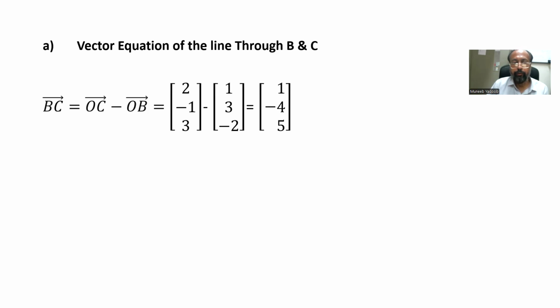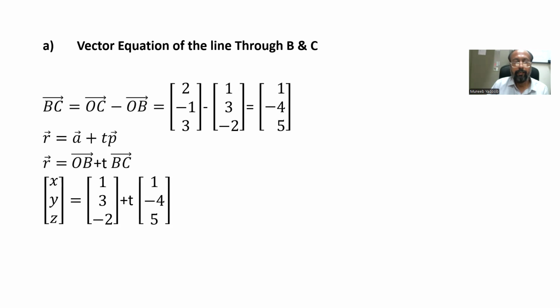Now the vector equation of the line is r equals a plus t p, where a is the given point and p is the direction vector. So we will take B as our given point and vector BC as our direction vector. We will simply plug in the values of vector OB and vector BC, and hence we will get the vector equation of the line L.